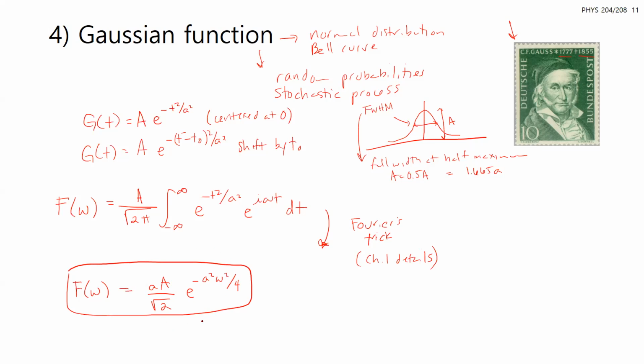So looking at this function on the right-hand side here in the frequency domain, what type of function does this look like that we've talked about in today's lecture? What shape would this have? Would it also be like a Gaussian? Yeah, Jack's right that this is also a Gaussian.